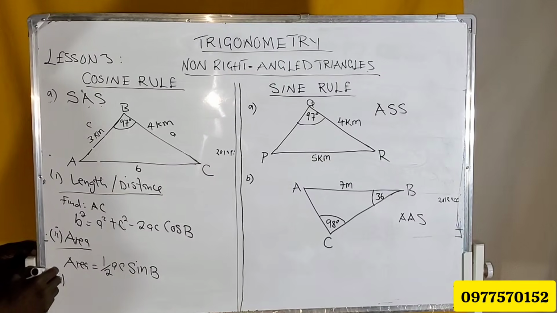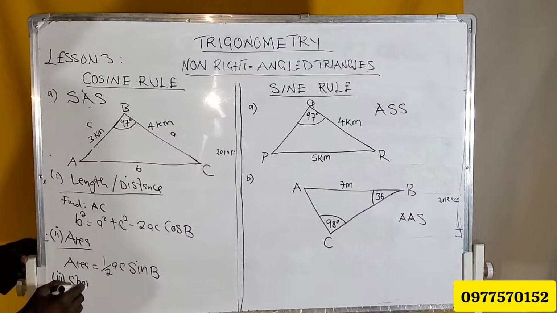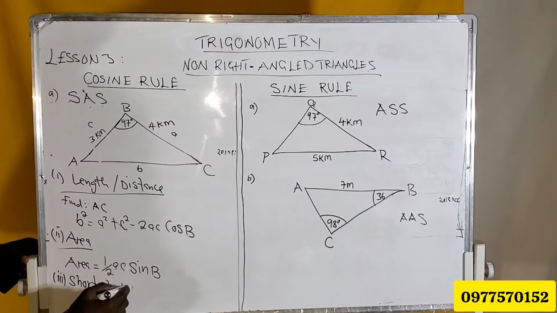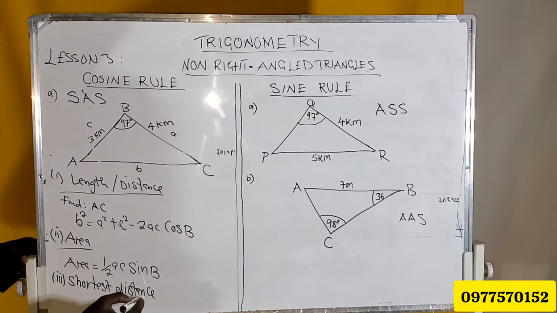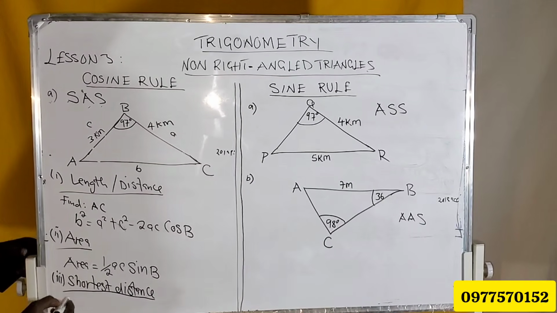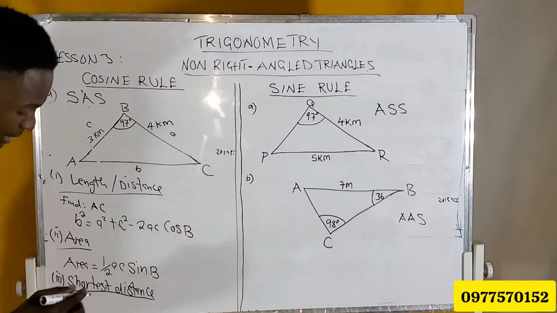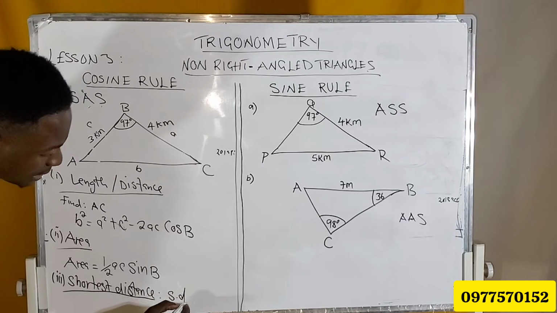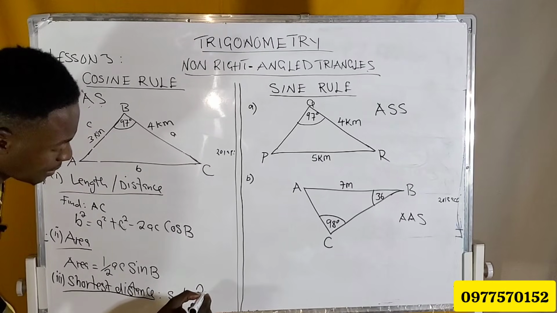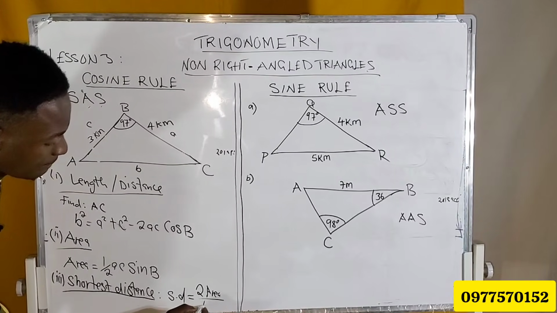Number 3. The third calculation is shortest distance. Now, shortest distance is very simple. Shortest distance, let me just abbreviate as SD for shortest distance, is equal to 2 multiplied by area over base.